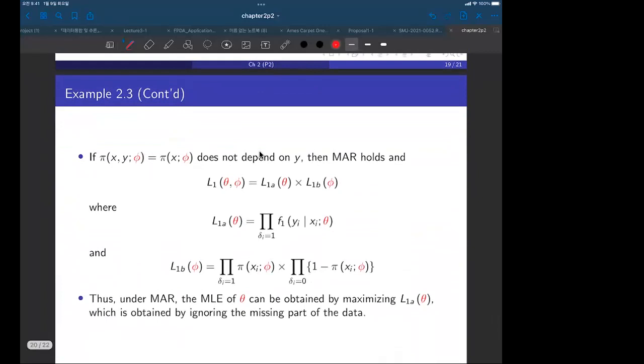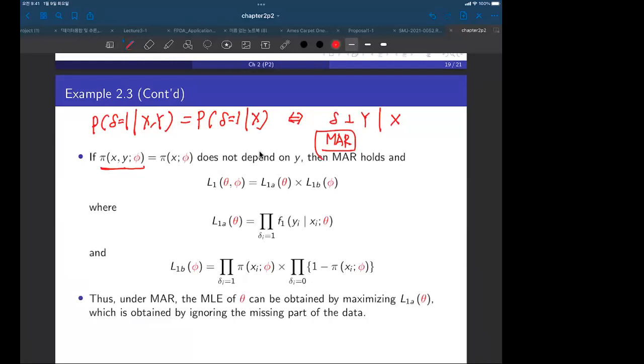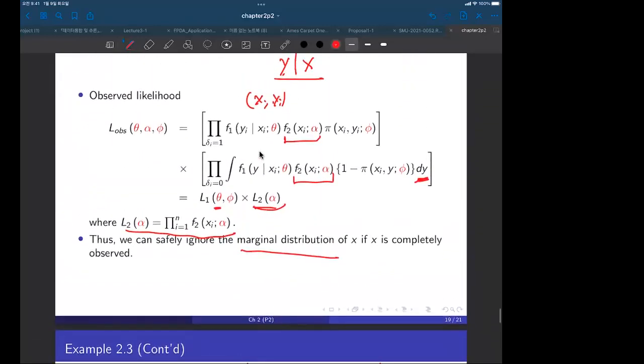If the probability of delta equal to 1 given X and Y is equivalent to delta and Y being conditionally independent given X, then the missing mechanism does not depend on the variable Y. That is actually missing at random.